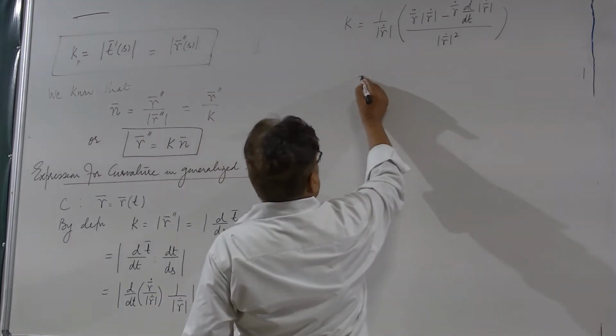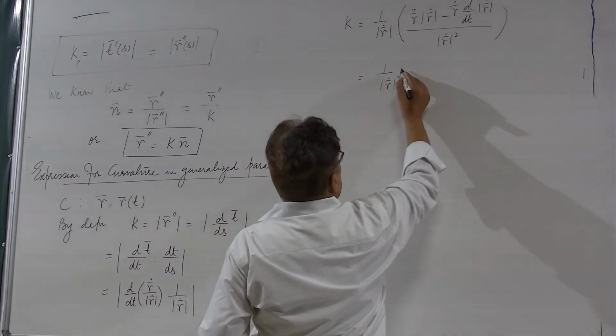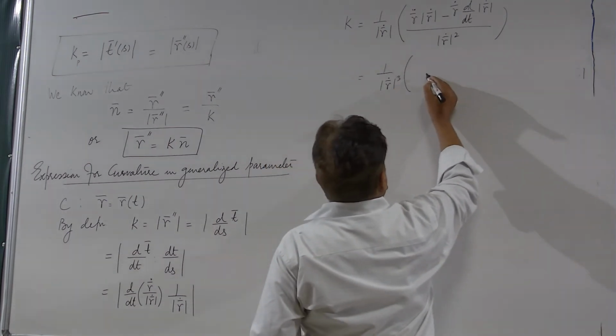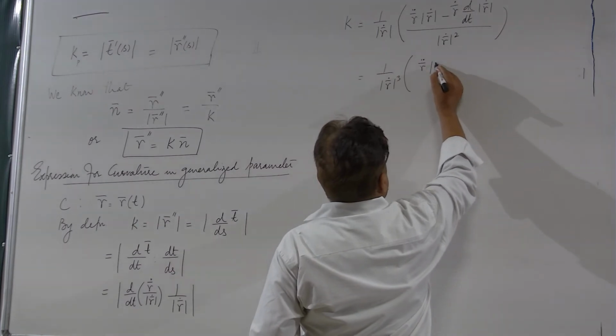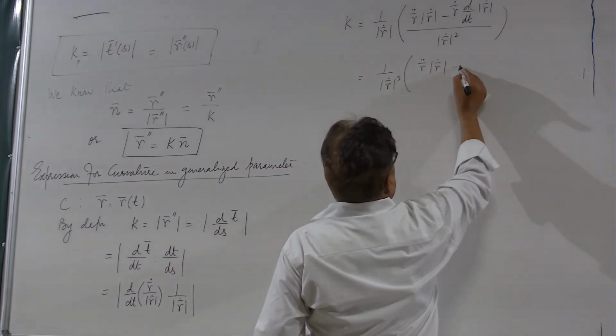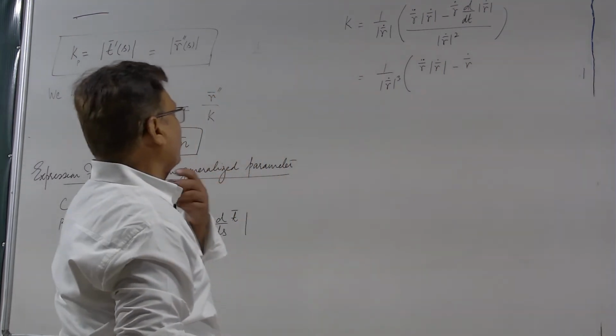So you have outside 1 upon mod r dot cube, and this quantity will be r double dot into mod r dot, minus r dot into d by dt of mod r dot.